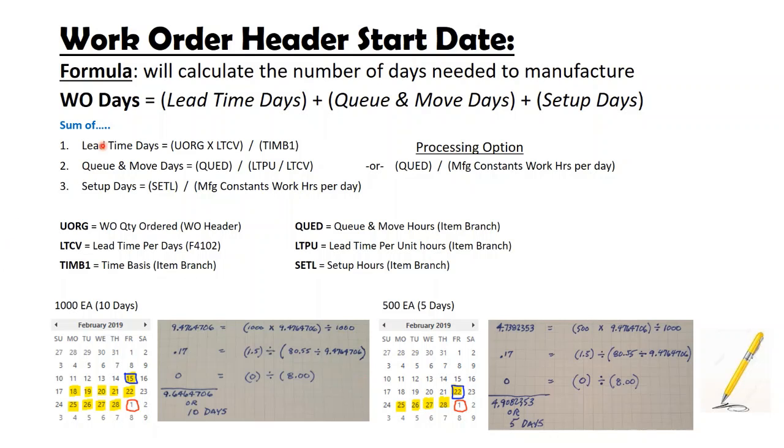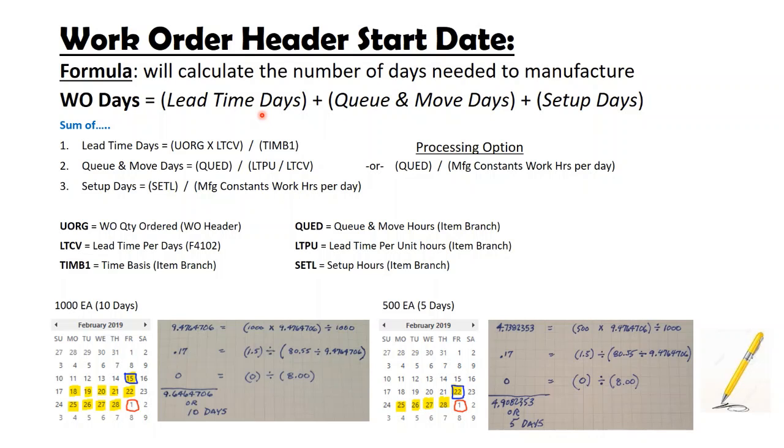The formula is, when calculating how many days are needed or work order days, it's basically the lead time in days plus the queue and move hours converted to days, and then setup hours converted to days. So what's my lead time days, queue and move days, plus setup days?